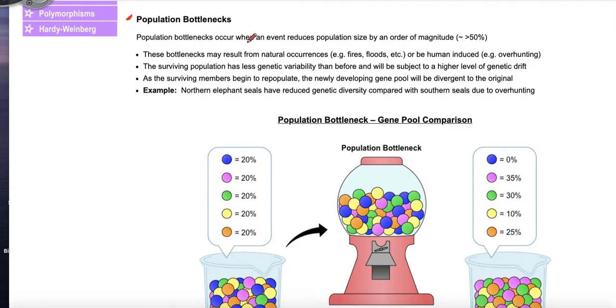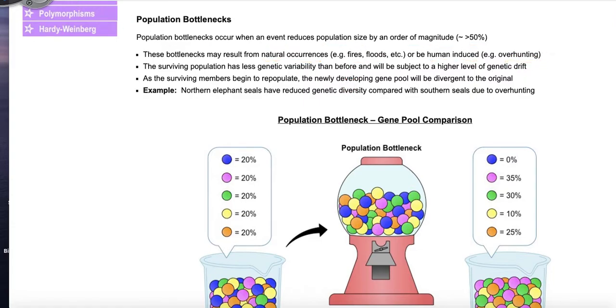So population bottlenecks occur when there is an event, some chance event, that reduces the population size by an order of magnitude of approximately greater than 50%. So these bottleneck effects may result from natural occurrences like fires, floods, hurricanes, some type of catastrophic event, but it can also be human-induced, and we're seeing a lot more of this in the example of overhunting.